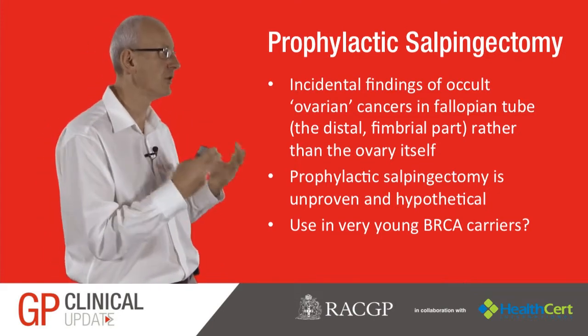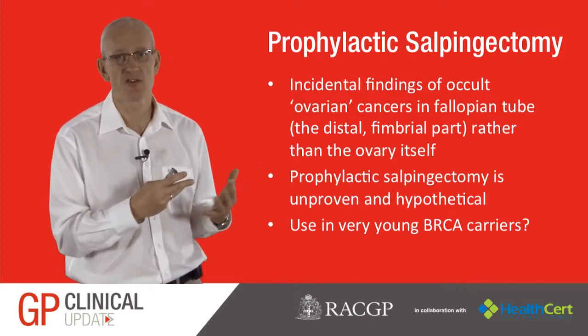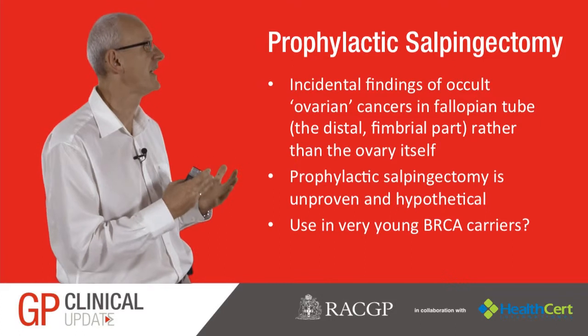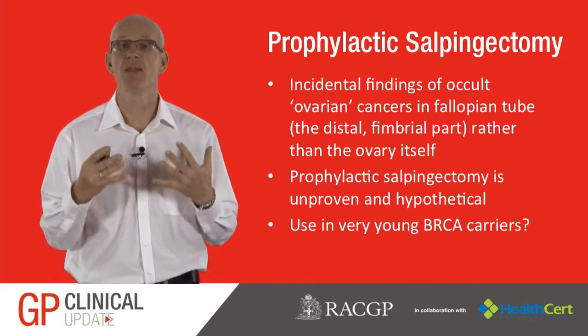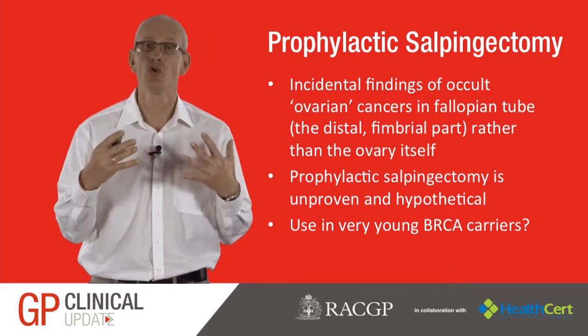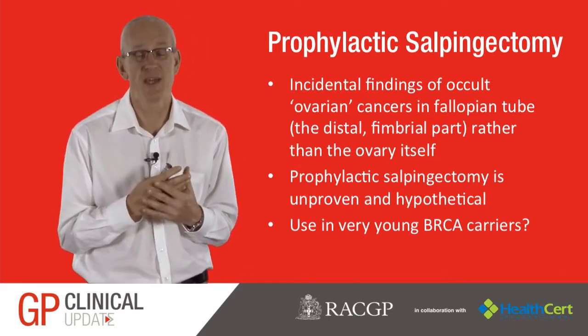But there has been no study ever showing that prophylactic salpingectomy is actually beneficial. So we need to say, unfortunately, it's still unproven and hypothetical. But if you ask me as a clinician, do I recommend salpingectomy for certain groups of patients?